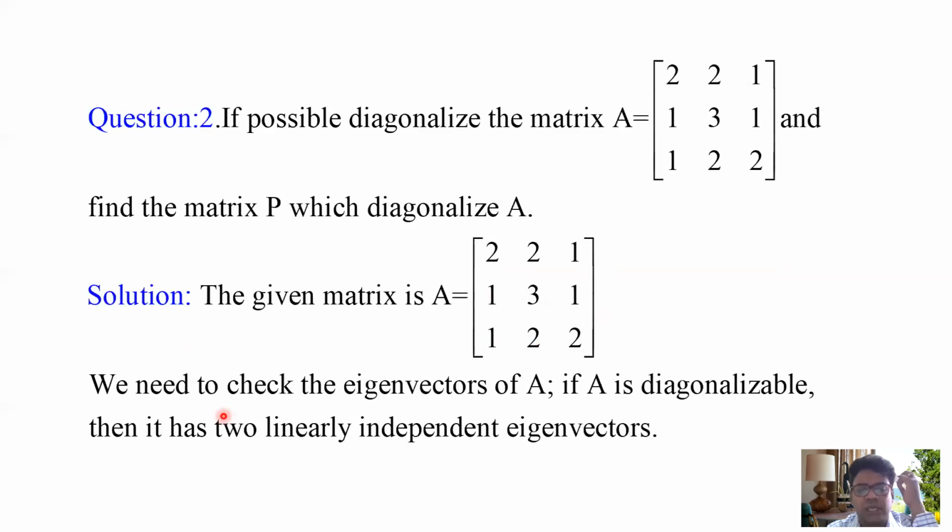The given matrix A is [2 2 1; 1 3 1; 1 2 2]. We need to check the eigenvectors of A. If A is diagonalizable, then it has 3 linearly independent eigenvectors.